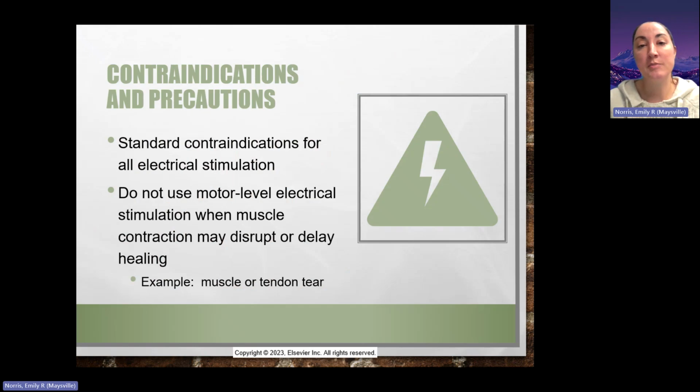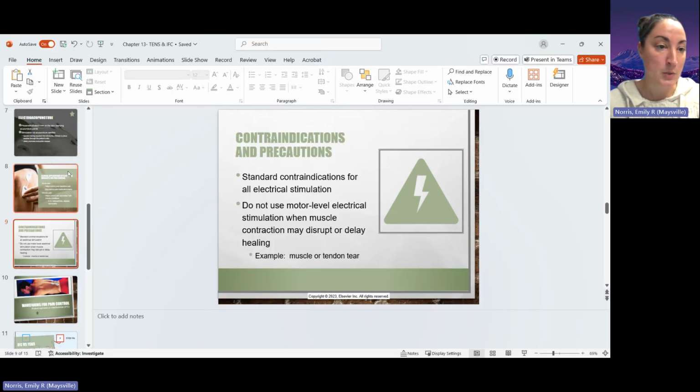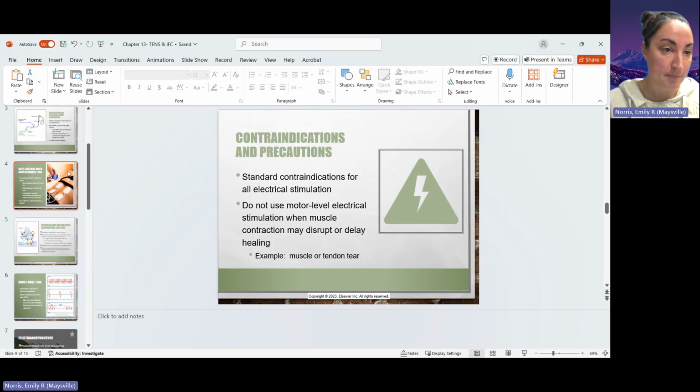The contraindications and precautions are the same that we've already discussed for all electrical stimulation, but in addition to that, you do not want to create a motor effect or use the low, now I'm losing my words. What is it called? Low rate. Yep.